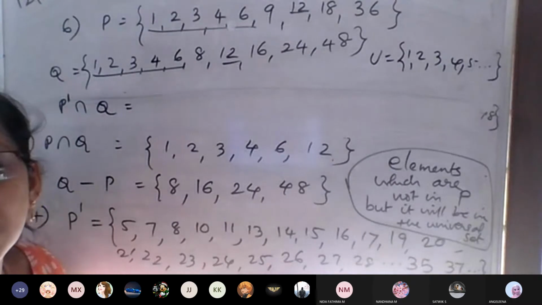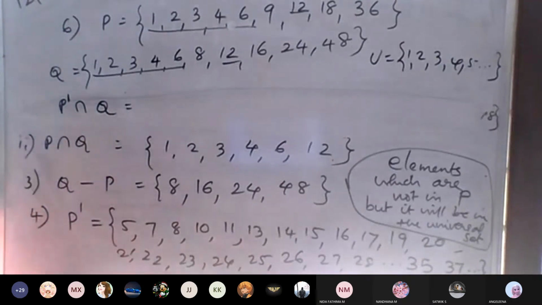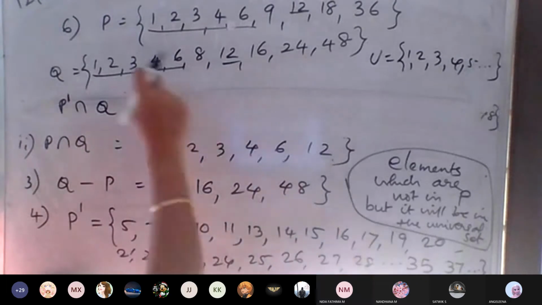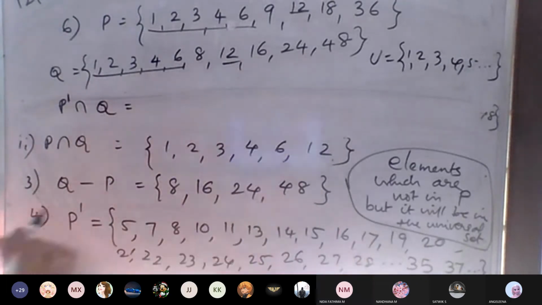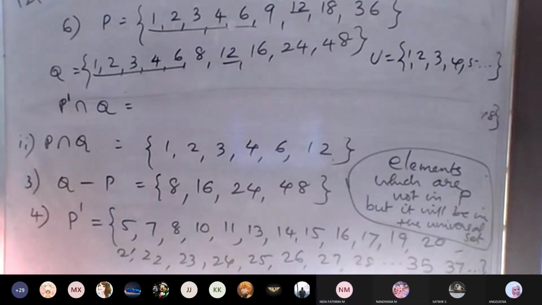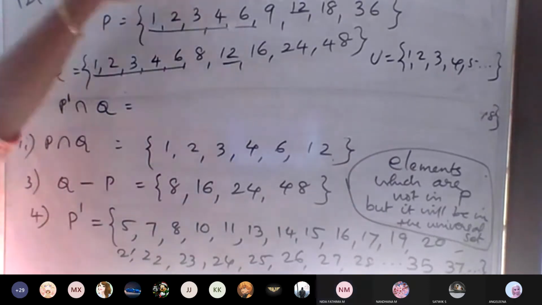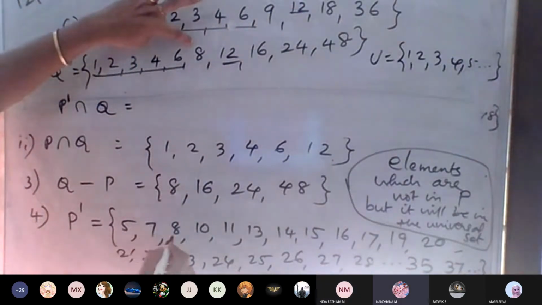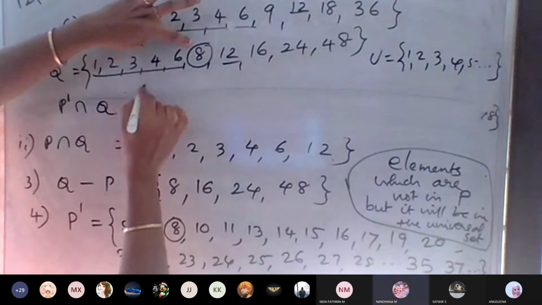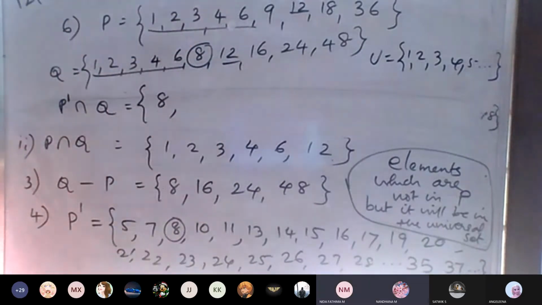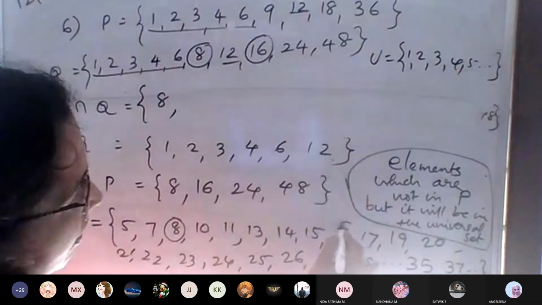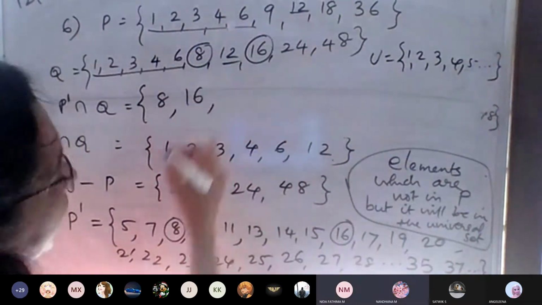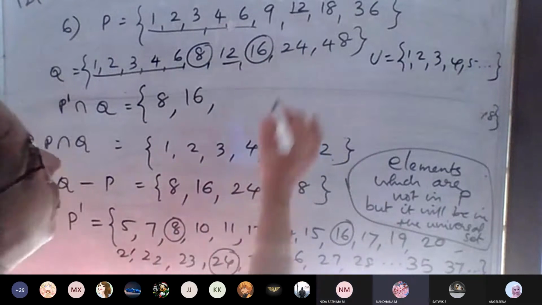So P complement intersection Q will be what? Tell me P complement intersection Q. P complement, and Q's intersection means which are the common numbers. 8 is there. Then 16 is there. 24 is there.